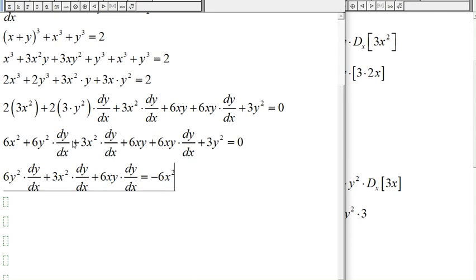And then we keep this term, and then the 6xy, now subtract 6xy from both sides. We get negative 6xy. And then we keep this term. And then the 3y squared, subtract 3y squared from both sides, and we get 3y squared.